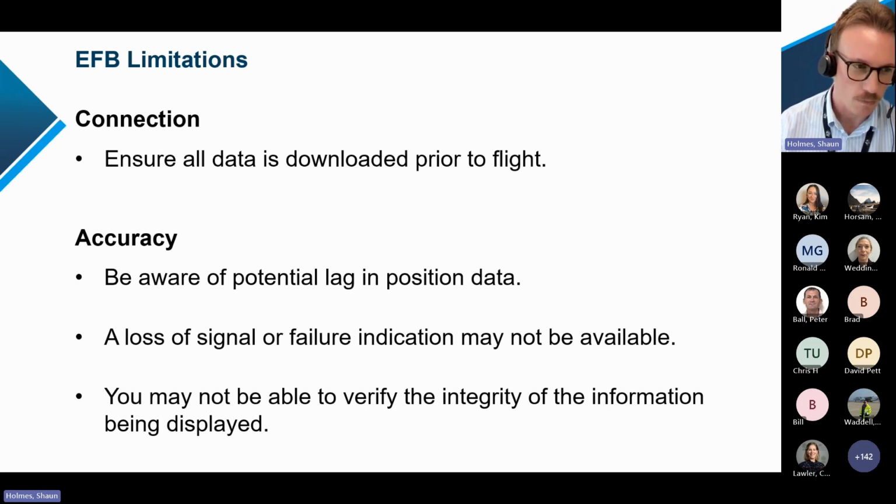The big thing is that a lot of EFBs don't indicate if there's a loss of signal or a failure, and they don't verify the integrity of the information being displayed. So it can sometimes be difficult to understand how accurate that data is when we're looking at the EFB and, as I said, the aircraft representation on the screen. So that's something to keep in mind.